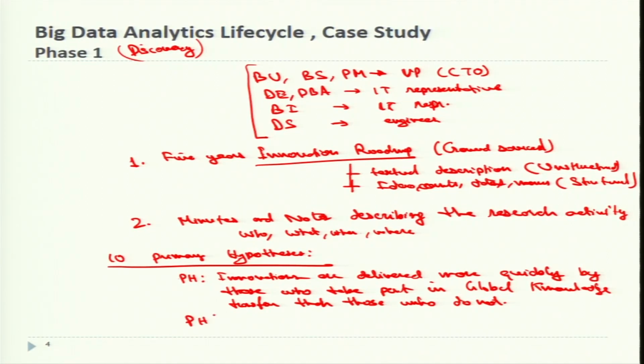Another primary hypothesis, if I number it, was hypothesis 3: knowledge transfer activities can spot boundary spanners for a particular type of research in dispersed areas.